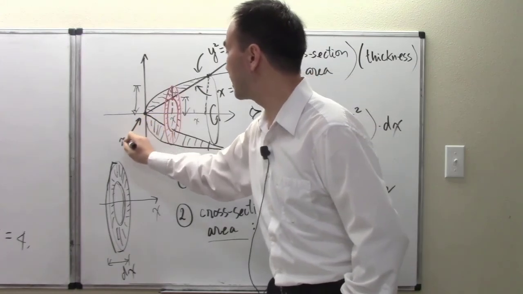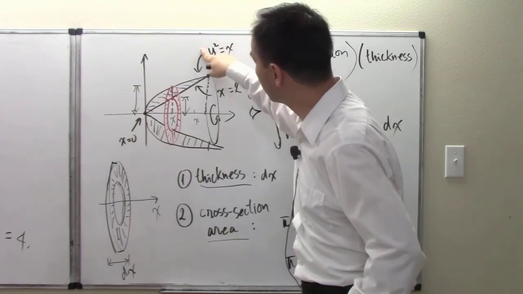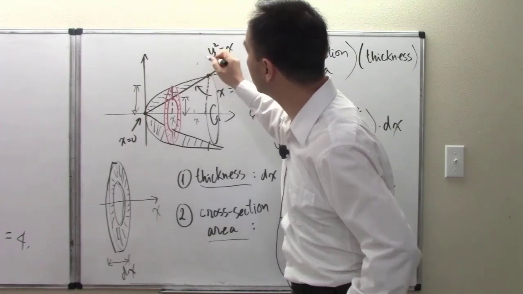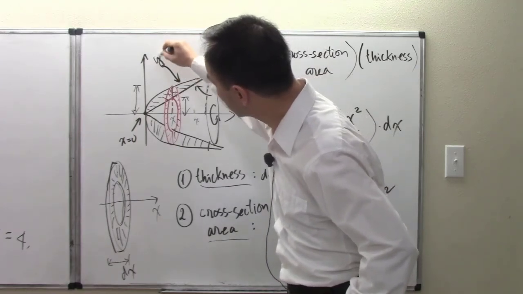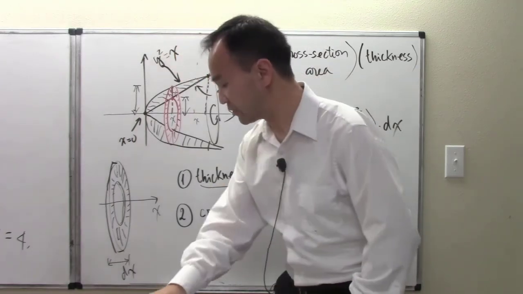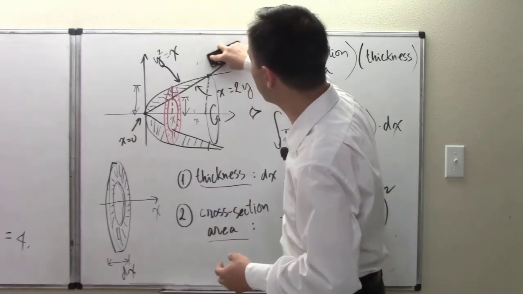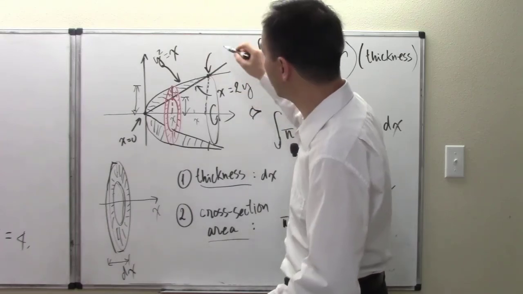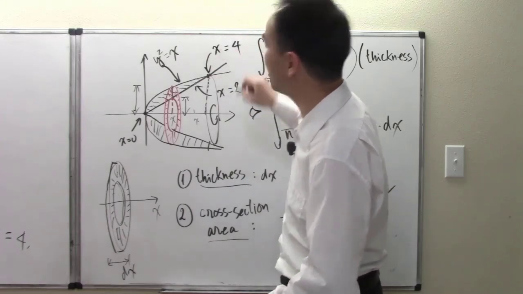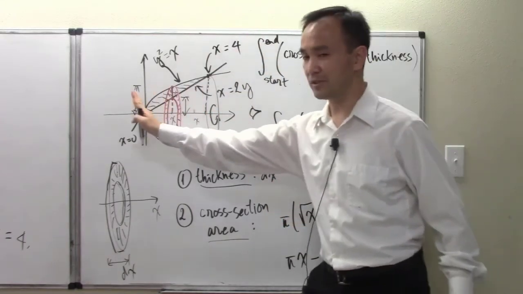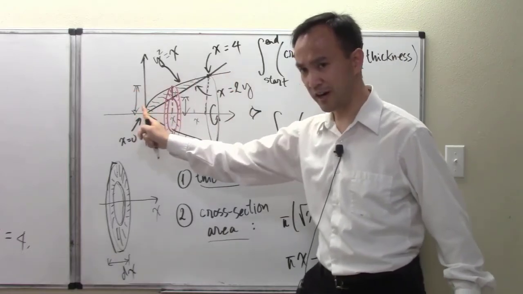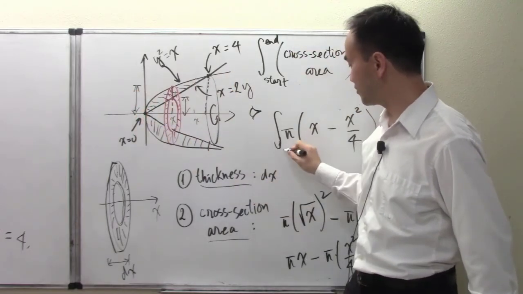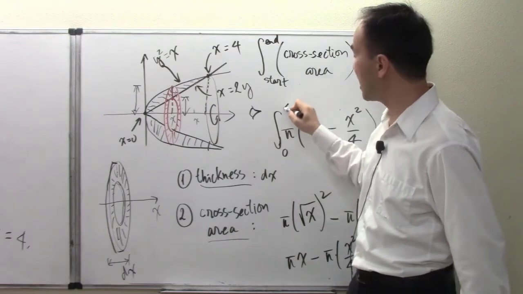And the right end, allow me to erase this so I can make space for a different notation right here, is this point where x equals 4. Now we found it. So from the left to the right, we are starting our accumulation at 0, and ending our accumulation at 4.